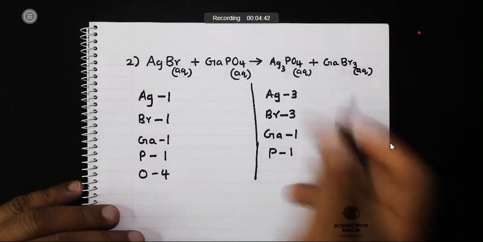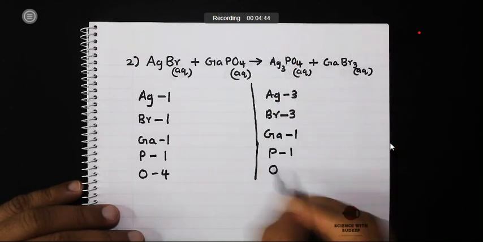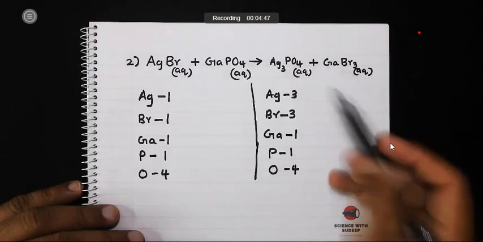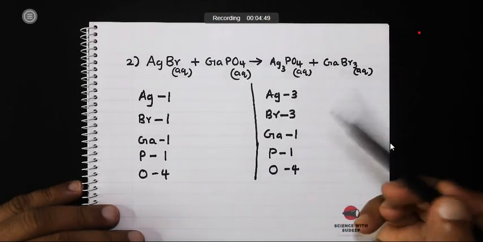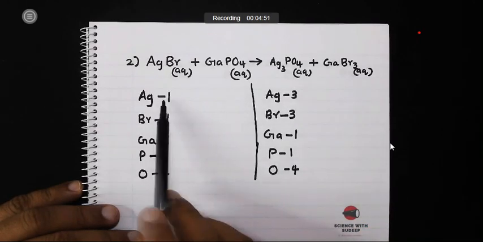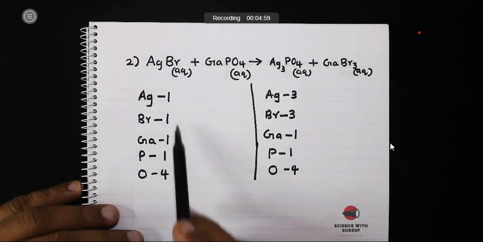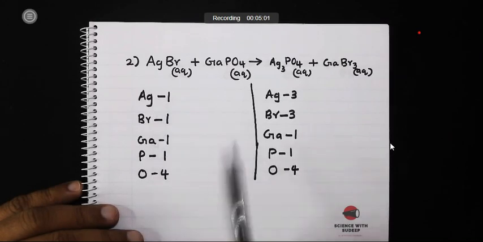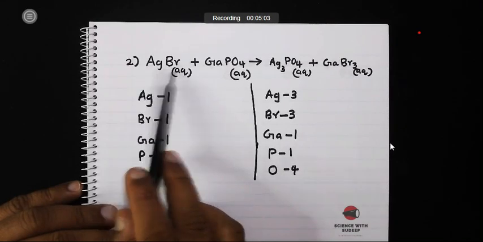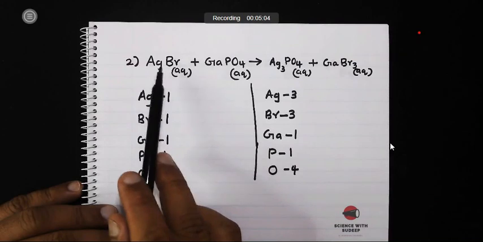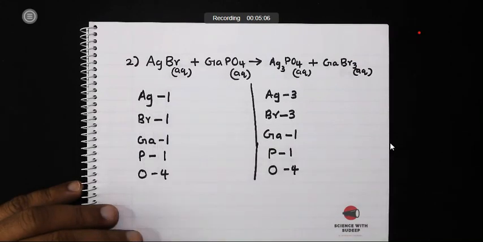Phosphorus is 1 and oxygen is 4. Silver 1, silver 3, bromine 1, bromine 3, gallium 1, phosphorus 1, 1, oxygen 4, 4. So the problem is with silver and bromine. Silver and bromine are together here, so that makes our question an easy question.